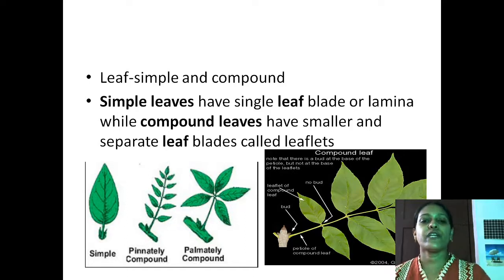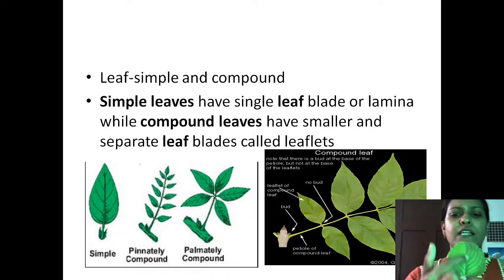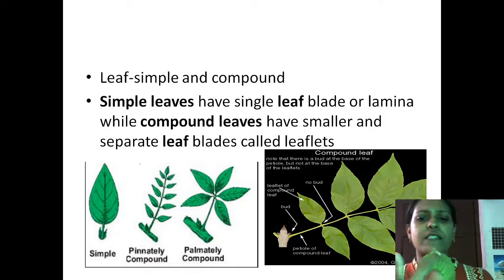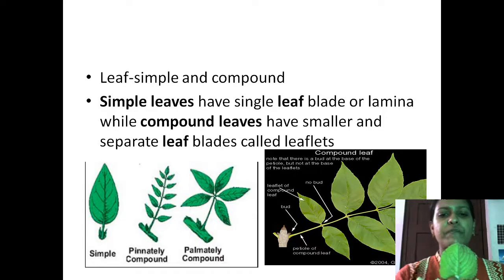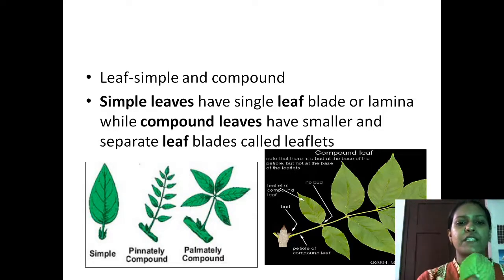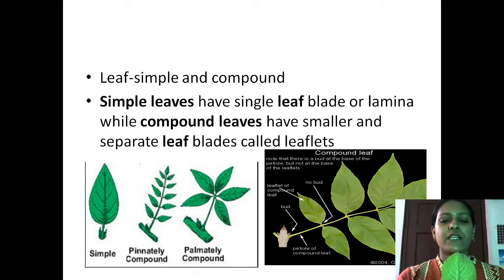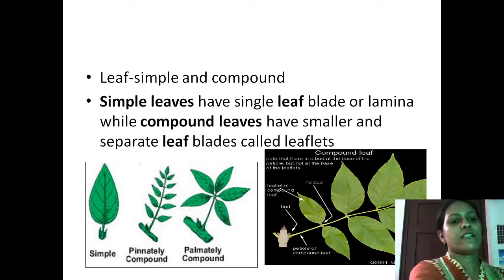So if you look at this, this is a simple leaf. The simple leaf has a leaf lamina, and you could see this is the leaf, this is the lamina, and this is the midrib, and the midrib has split off. Okay, so this is another leaf.